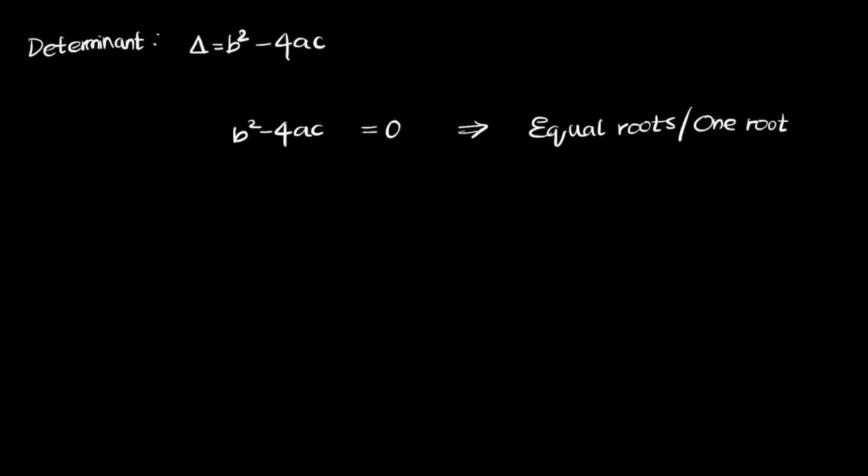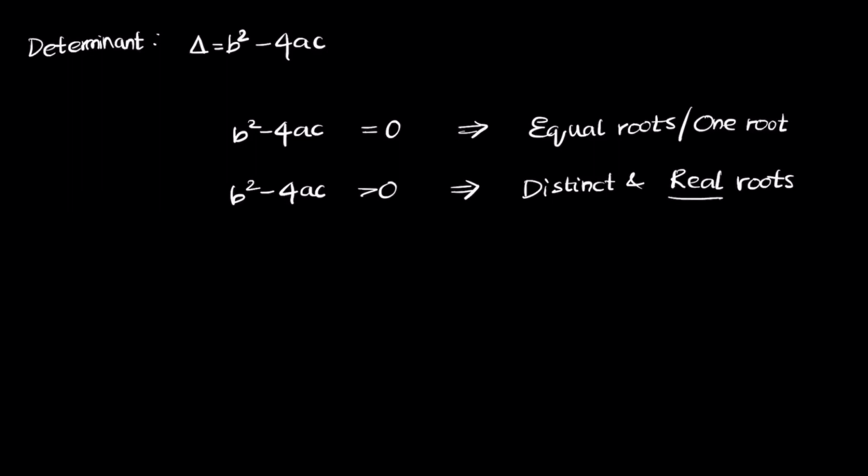And if b squared minus 4ac is greater than 0, then the equation has distinct and real roots. So the roots are going to be real numbers, either rational or irrational. So under this category, if b squared minus 4ac is a perfect square, then the roots are rational.